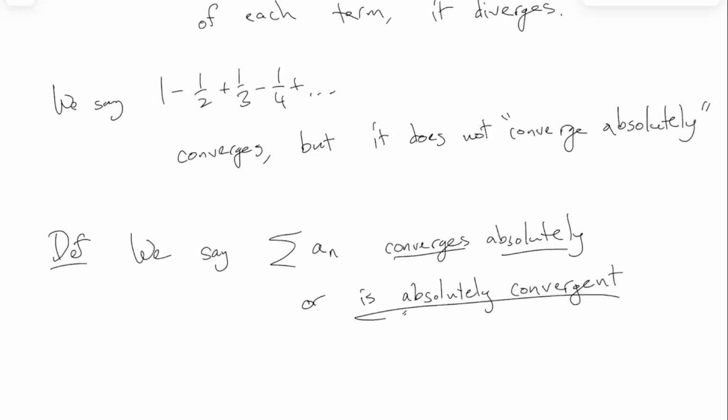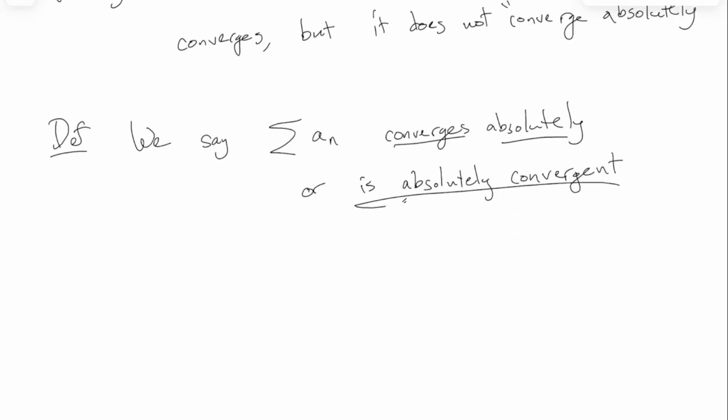It converges absolutely, or it is absolutely convergent, when the sum of the absolute value of a_n converges. Right? So just because the original series converges, it does not necessarily mean that it will be absolutely convergent. Absolutely convergent means if you additionally take the absolute value, then it still converges. All right?